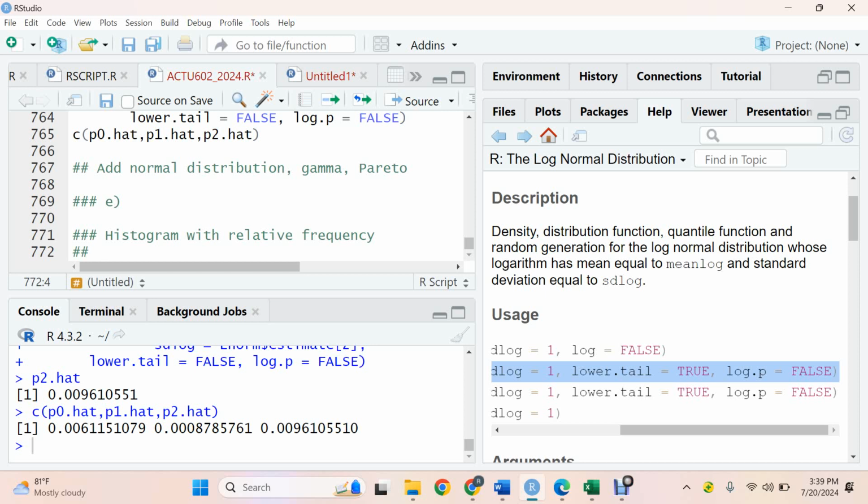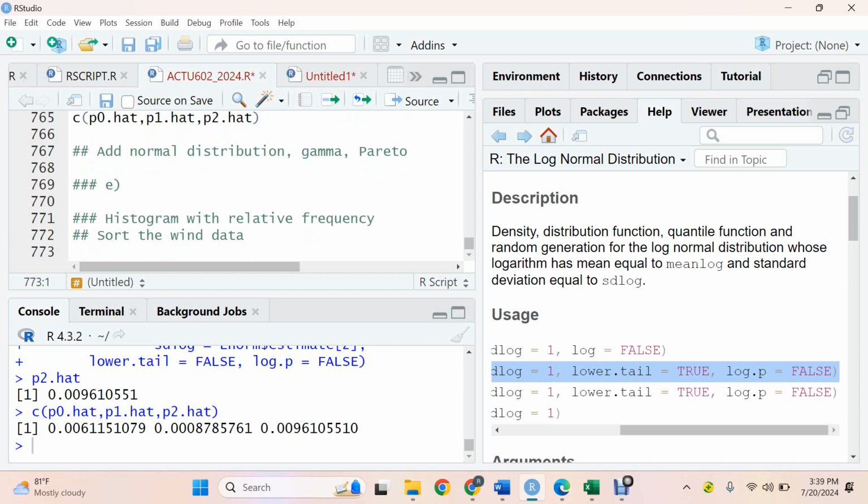Good. So just make sure that you sort the data, the wind data, right? Then calculate. So this is like an algorithm. When you write your thesis and you do simulation, it must be reproducible.